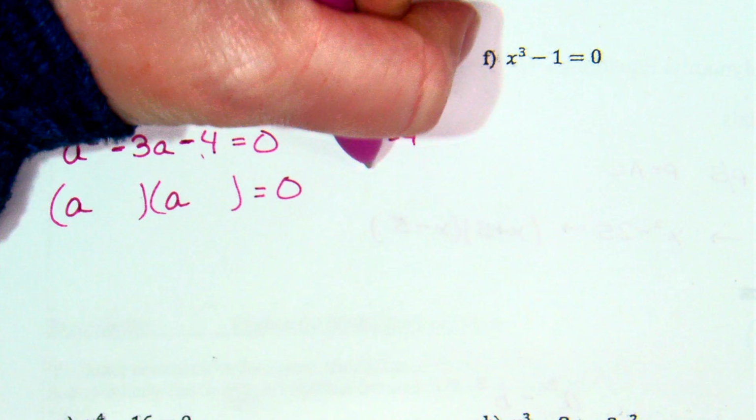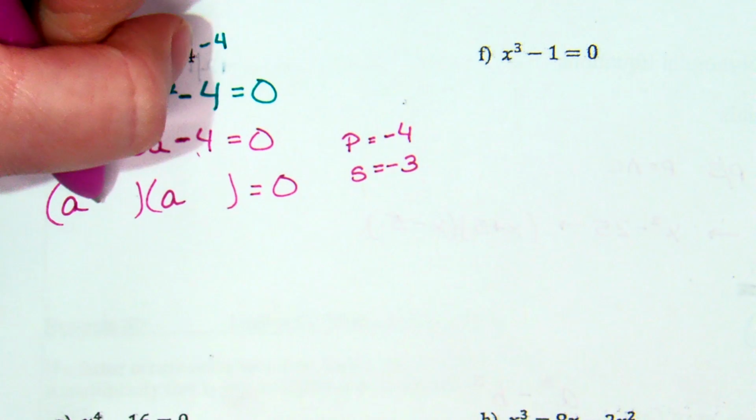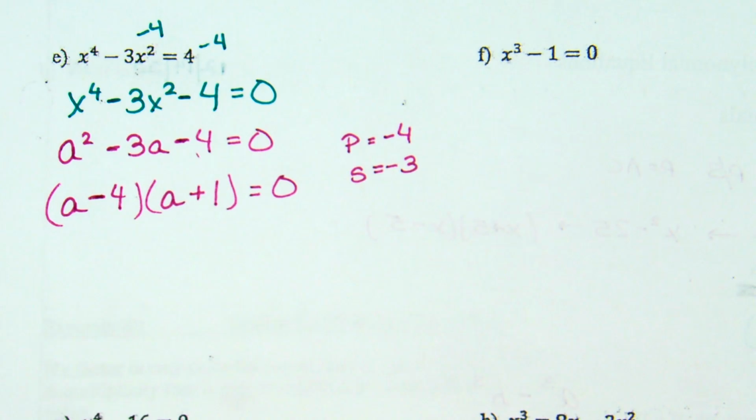A product of -4, a sum of -3. What gives me a product of -4 and a sum of -3? -4 and +1?